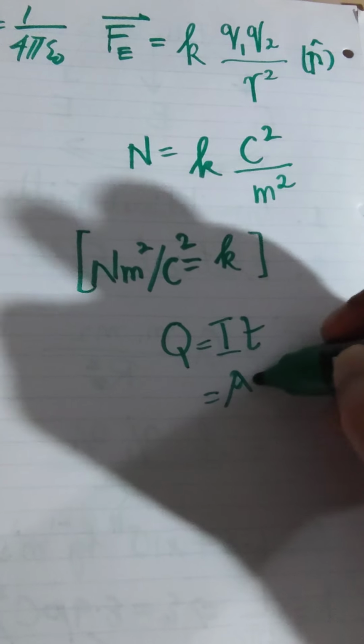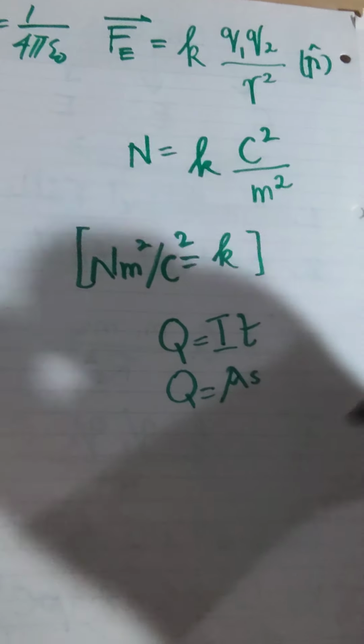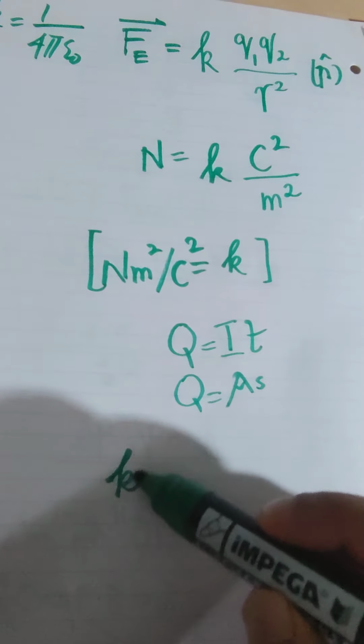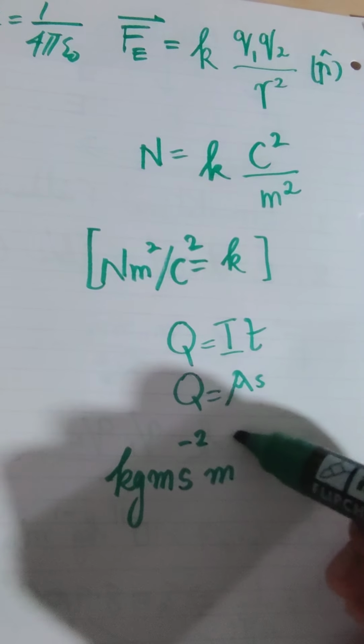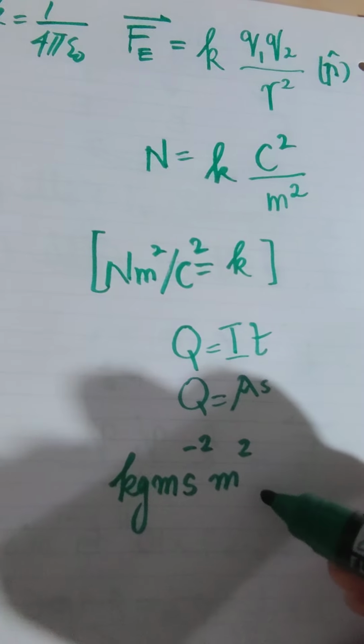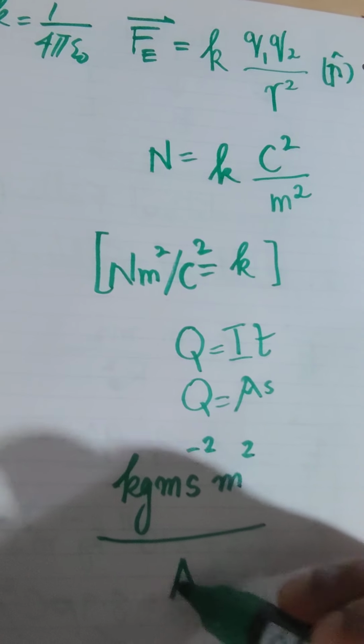That's pretty much it. And this is what the units of Coulomb are. In my previous videos I did do that. So Coulomb is ampere second, and so you can do kg meters per second squared times meters squared divided by ampere second.